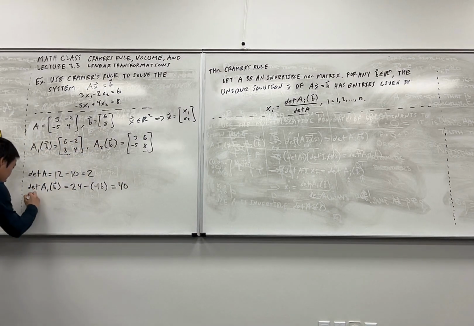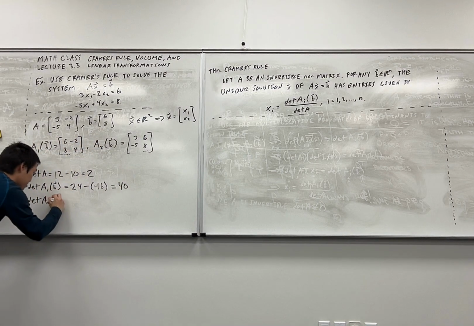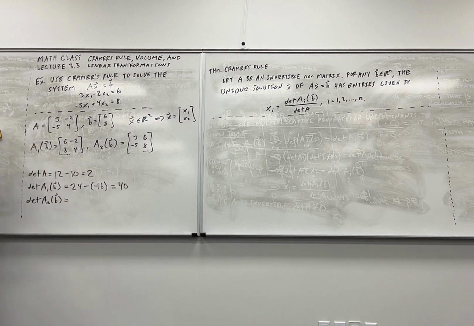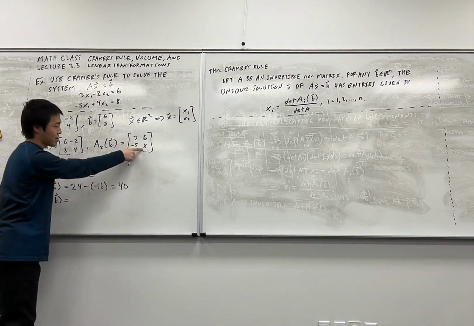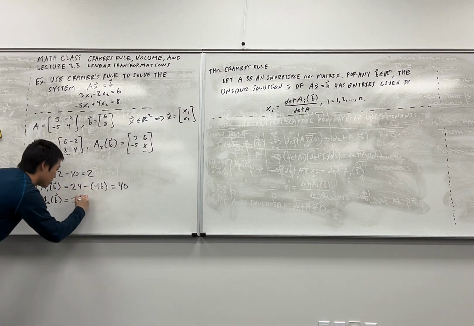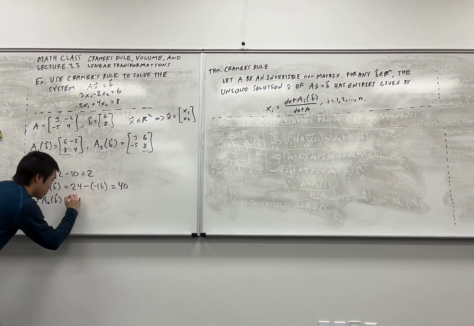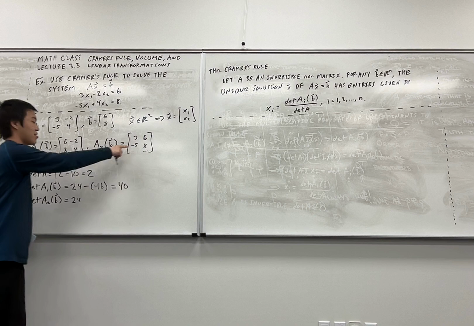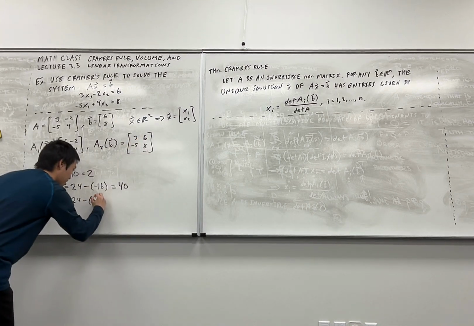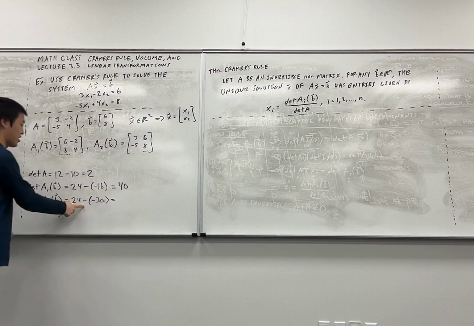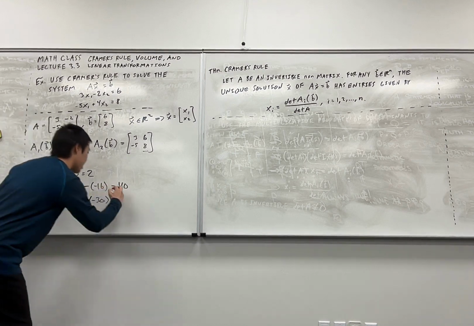And then my determinant of A sub 2 of b, I look over to my A sub 2 of b and I think, okay, so 3 times 8 is 24. Minus 6 times minus 5 is negative 30, minus a minus, so 24 plus 30, 54.